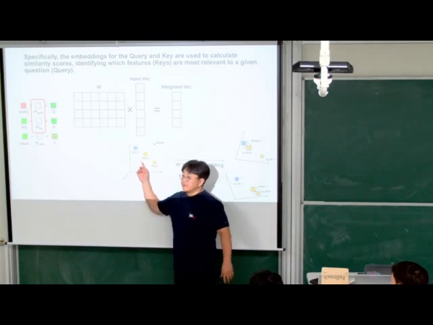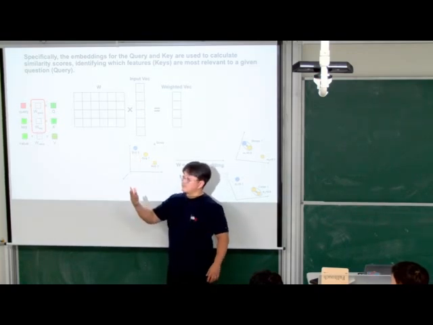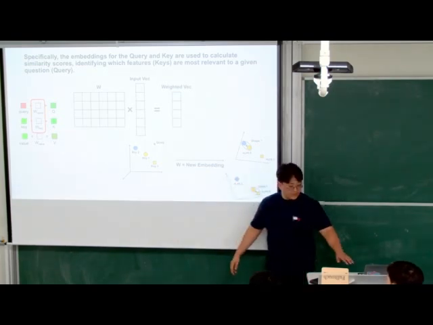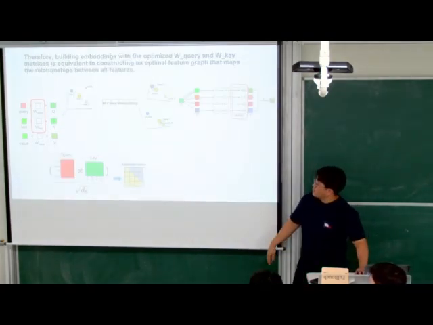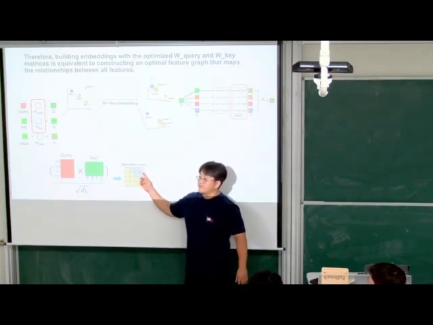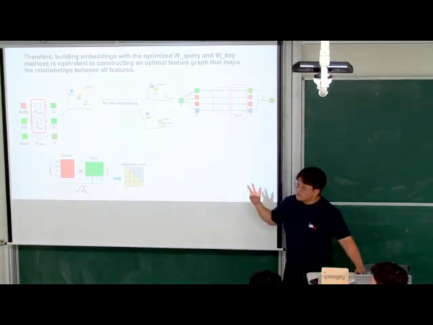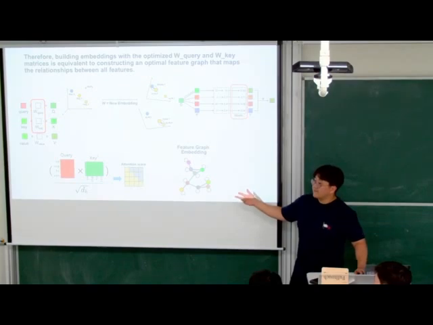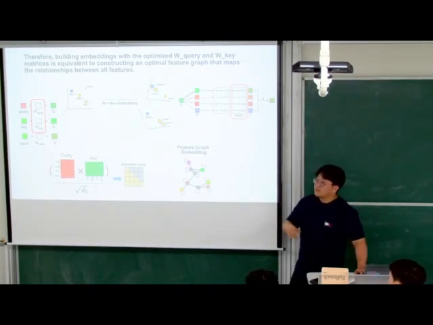So that means we have 3 words or 3 features. That means we can build 3 by 3 attentions. That means we have 3 nodes in the graph, and each edge represents the similarity.